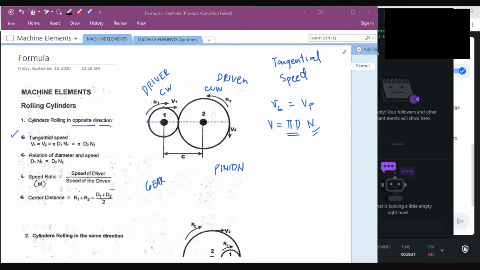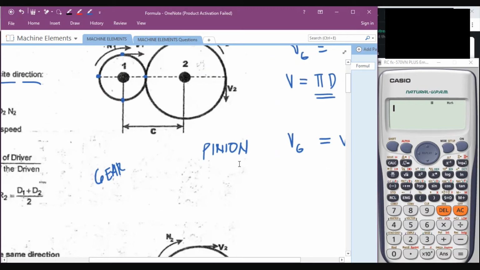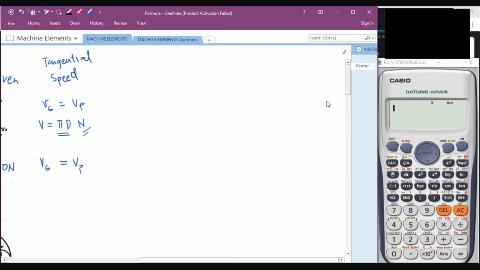Now, if we equate these two, yung sa gear and pinion, ito yung equation nila. We can say na yung circumference of the driving gear multiplied to the speed N ng gear na yon is equal to the circumference multiplied to N of the pinion.